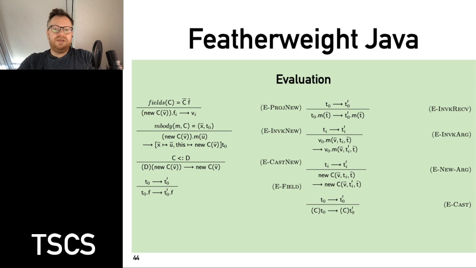The next rule, this E invocation new, is basically how invocation works. This should be very familiar to you because you've seen it in the Lambda calculus already. This is the substitution syntax that we had. When you do a method invocation, you look up the method body in the premise. Then you exchange any occurrence of this X vector by this U vector.